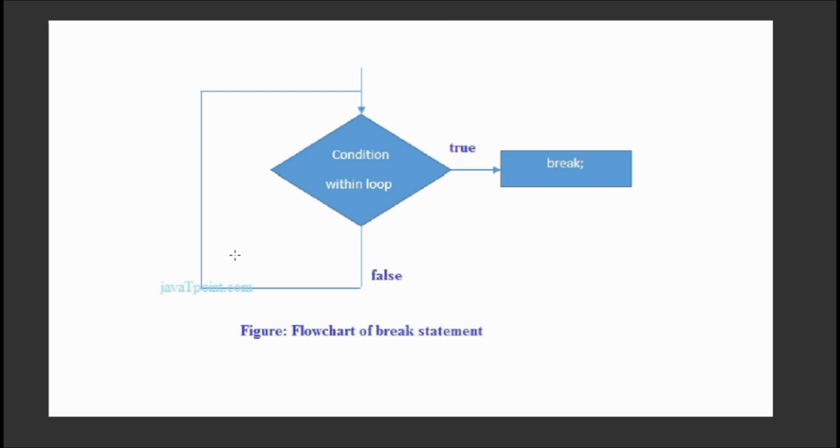Means in our example, we are printing the values from 1 to 10, but inside the for loop I have given a condition: if the value of n equals 5 and it is true, then it has to break. Otherwise, if it is false, then it goes on printing that number.